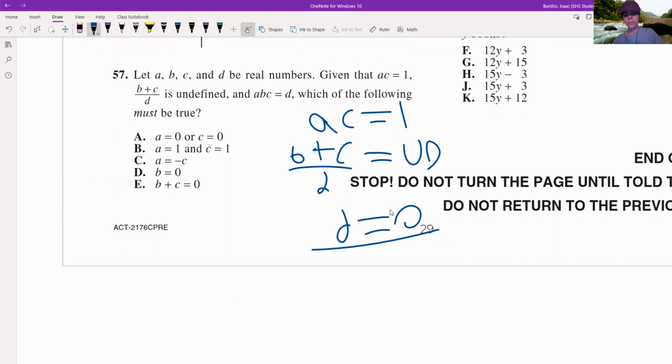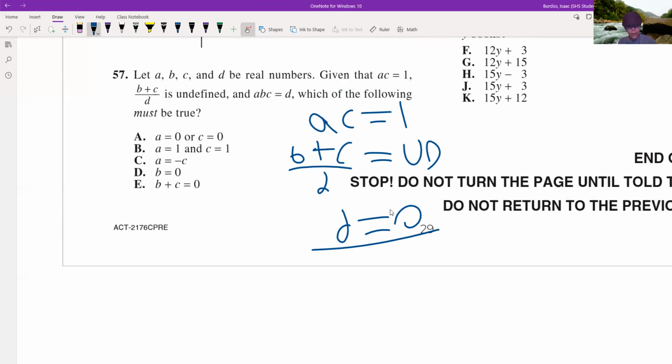So D is 0, AC is 1. So if AC is 1, then C must be 1.